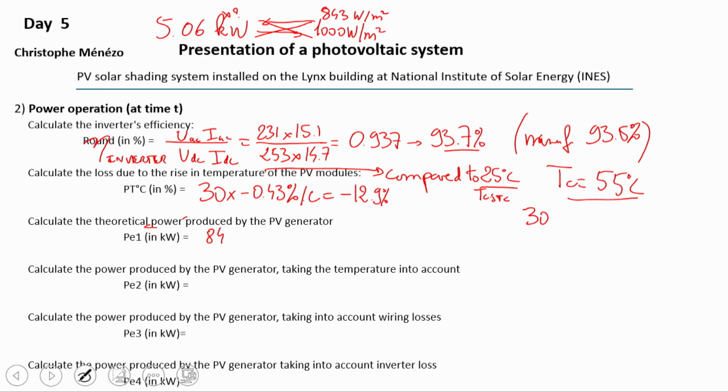So multiply by 8.4, 265 divided by 1000. So 4, 2, 6, 5 kilowatt. So it is P.